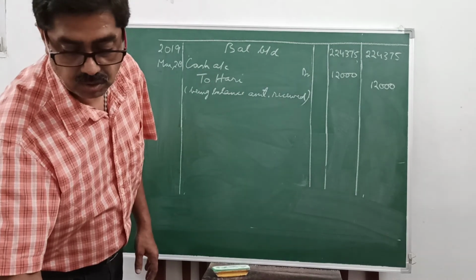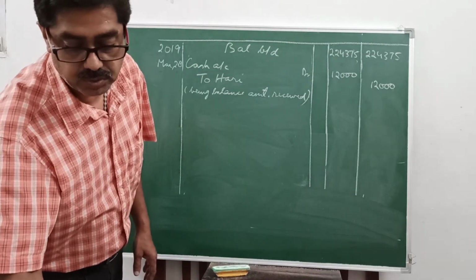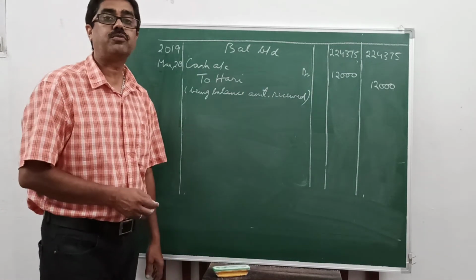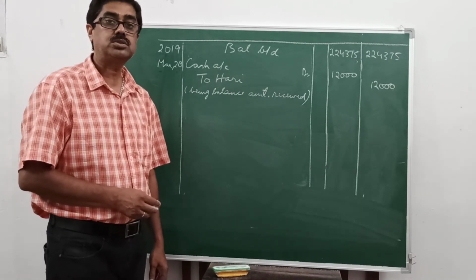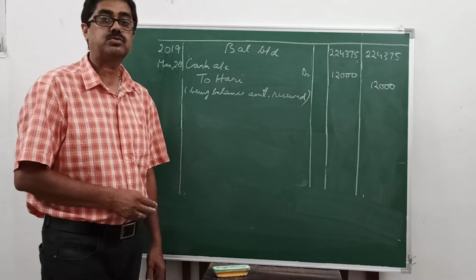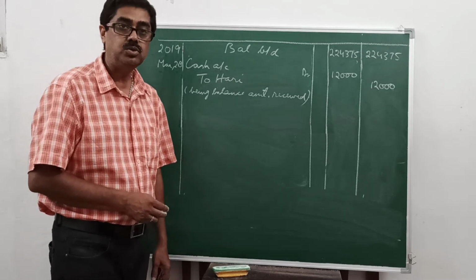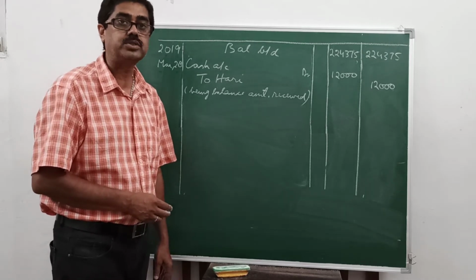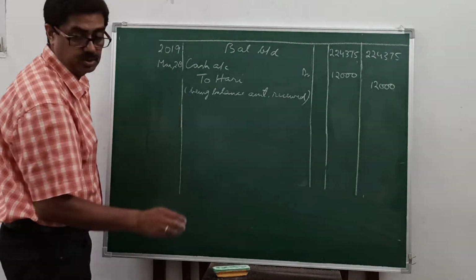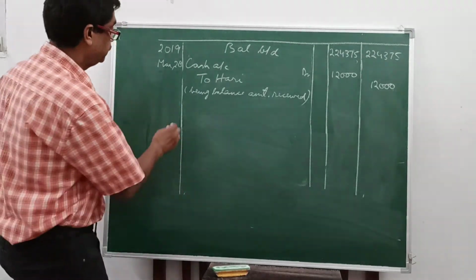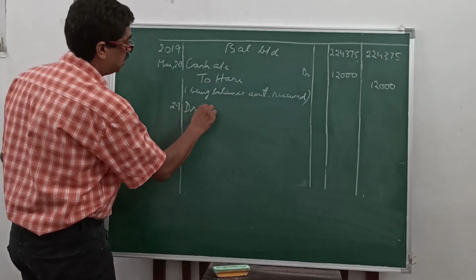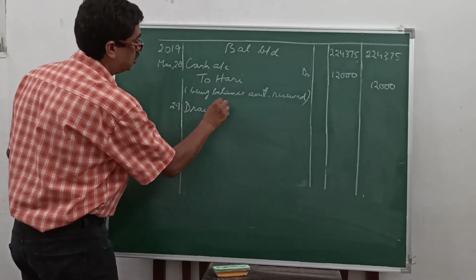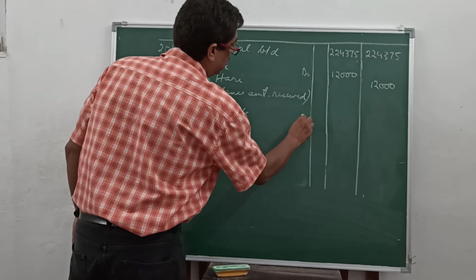Next transaction is on 29. Withdrew cash from office for personal use. When the proprietor withdraws money from the business for personal use, we always open drawings account. Date is 29th, leave a line, 29. Debit the receiver, personal account, proprietors are human beings, so drawings account debit.